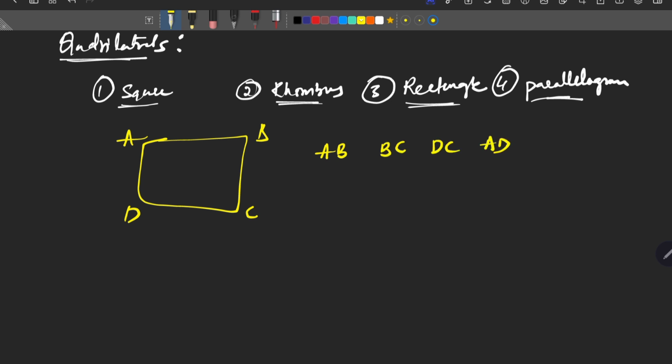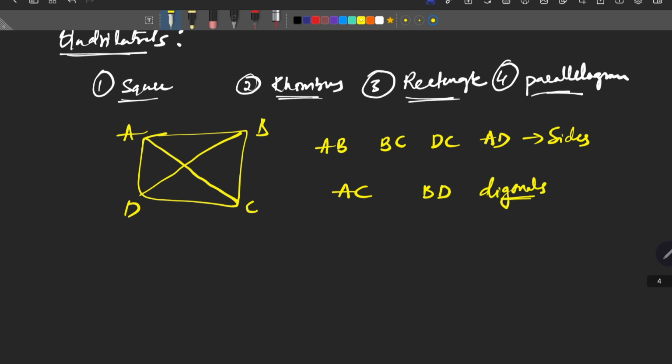Here AC is a diagonal and BD is also a diagonal. These are the sides, and AC, BD are the diagonals. I hope everyone is clear.